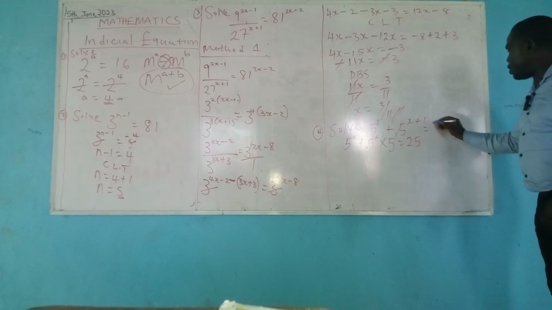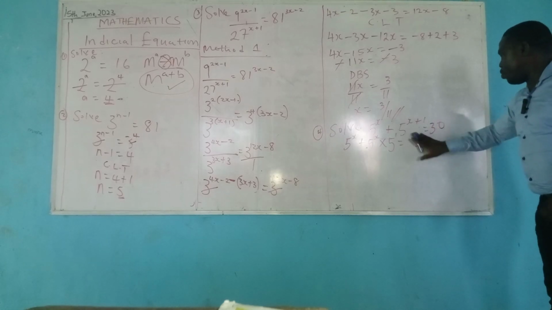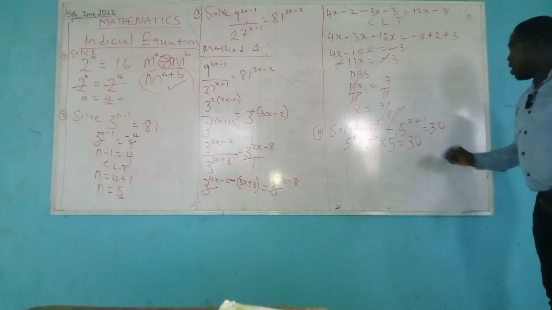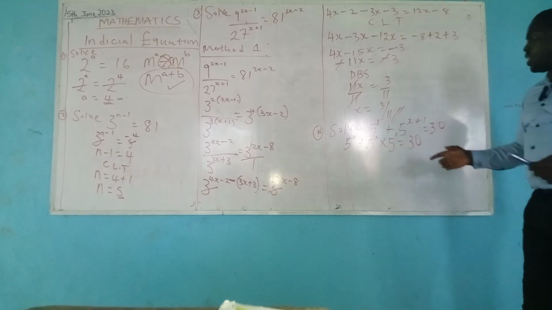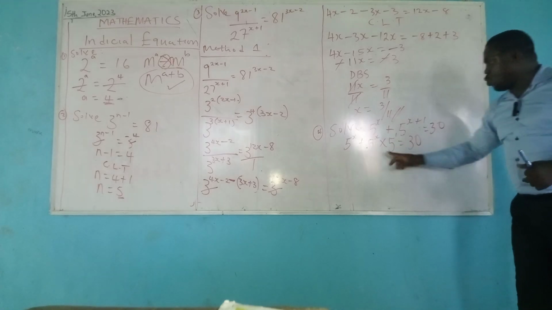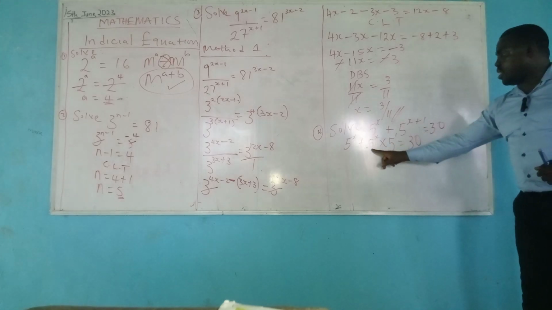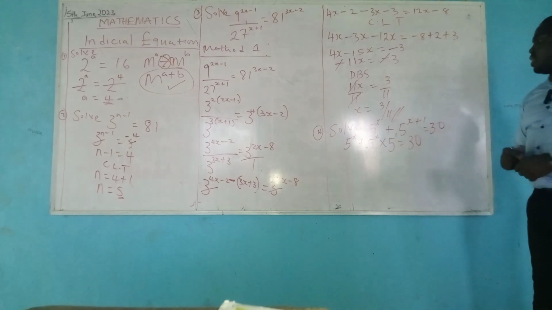Let me change the original question to 30. And so I'm having something similar, and this is addition. You may wonder what I did here. It's the law of indices. The bases are the same, you can add the power.